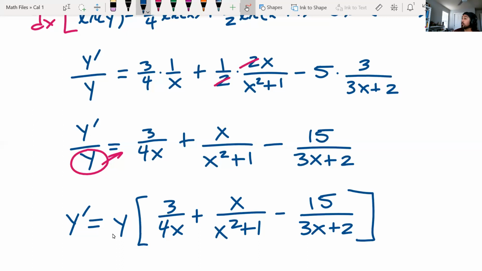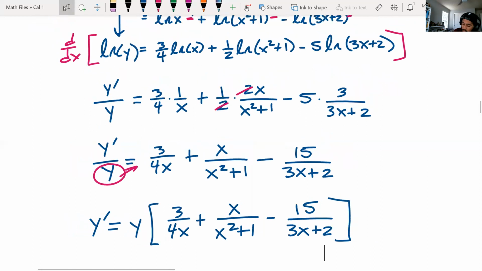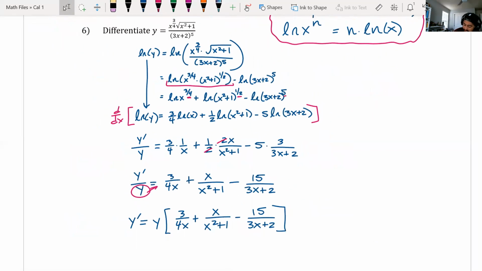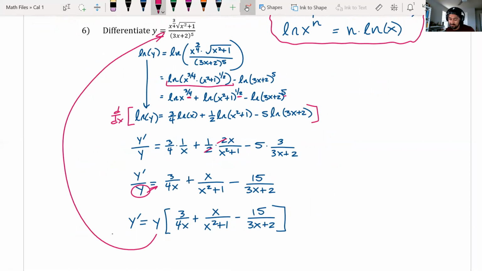And now we do a quick substitution, because what was y originally? x to the 3/4 times the square root of x squared plus 1 over that number right there. All of that, right? That's what y is. So you plug that in for y.